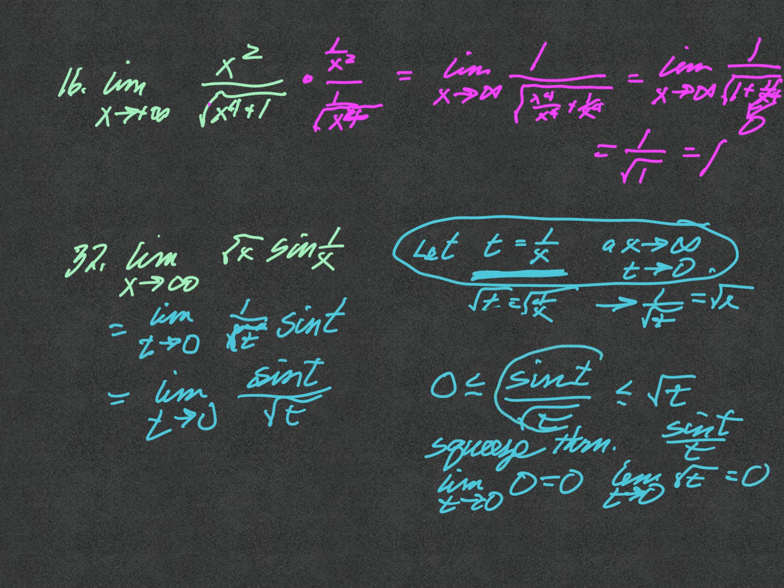Therefore, since this is always between those, it gets squeezed to 0, so this limit is equal to 0. And so you've now seen that with infinite limits, all the limit techniques we've done before can be used.